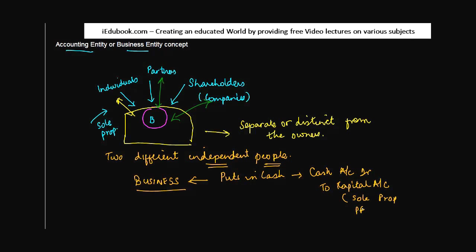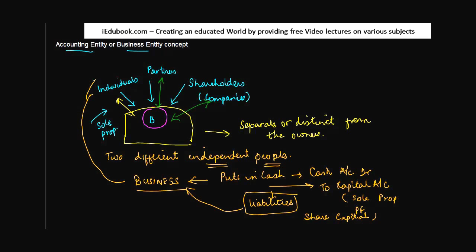It could be for the partnership firm, and in case of a company, instead of capital account, we call it share capital account. But the fact of life is that whatever money is coming, it is shown as a credit, or in bland words, it's shown as a liability. Liability of whom? Liability of the business towards the owners or the stakeholders. So we are distinguishing between the business and the stakeholders to ensure that we keep the affairs of these two people separately.